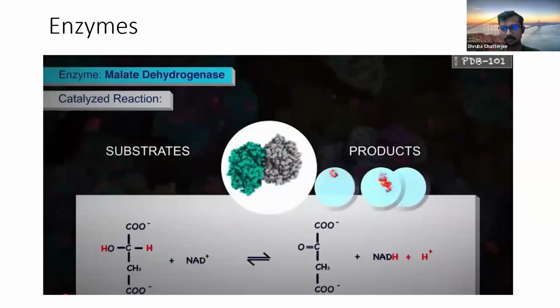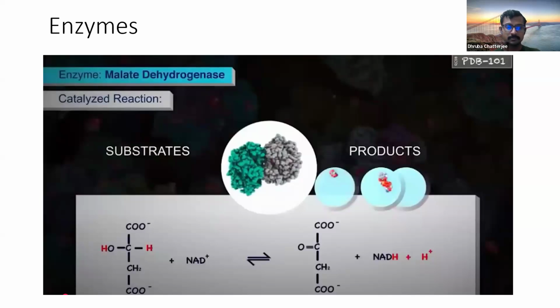Then, how do the linear polypeptide chains, which are translated as a result of reading of the mRNA by the translation machineries, that is the ribosomes, fold? What are the principles, what are the driving forces that govern protein folding? And how do these linear polypeptide chains fold into their three-dimensional structures, which is necessary for their biological functions?